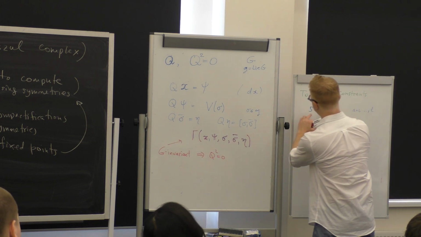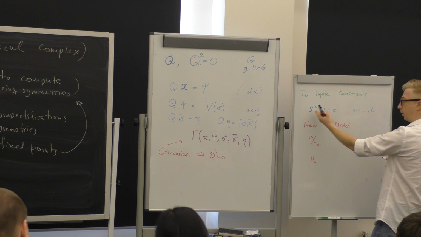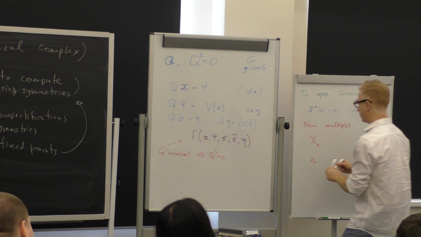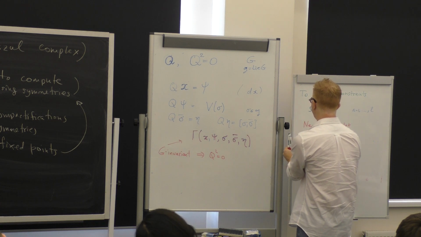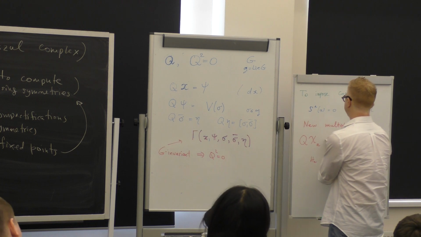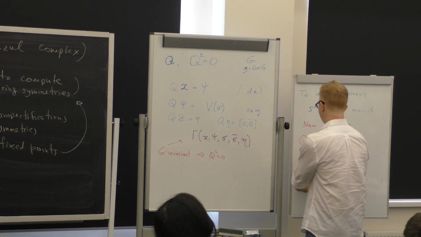So let's, for simplicity, talk about the ordinary equations, which are even. So then chi will be the fermion, and my differential Q extends to these new variables in the following naive way.